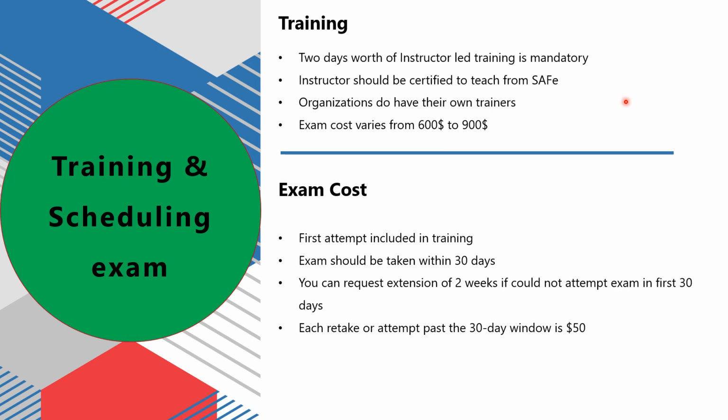The exam needs to be taken within 30 days of completing the training, and in few of the cases, if you are not able to appear for the exam in 30 days, then you can request for 2 weeks of extension, and if it is approved, then you still would be able to take the exam. But in case if you are not able to take the exam, and if you want to buy the retake attempt of that exam, then it will cost you 50 pounds, sorry, the $50.